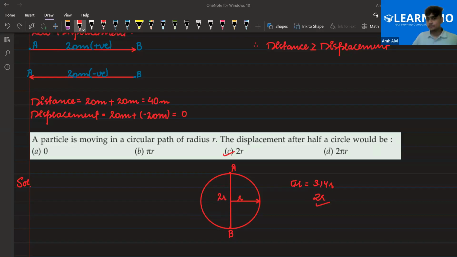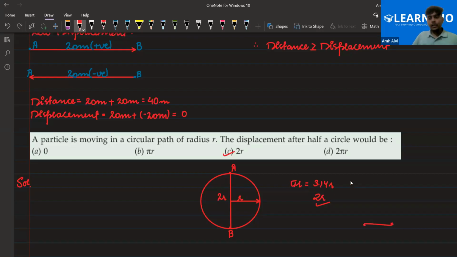It will be 2 times r. Because there is a straight path connecting A to B after completing half a circle. Instead of going along the circumference, you can easily go to the diametrically opposite point. I've told you that displacement is always a straight line, the shortest path between 2 points, isn't it?